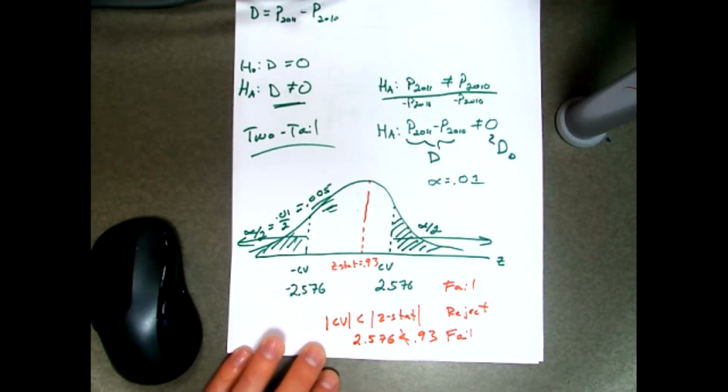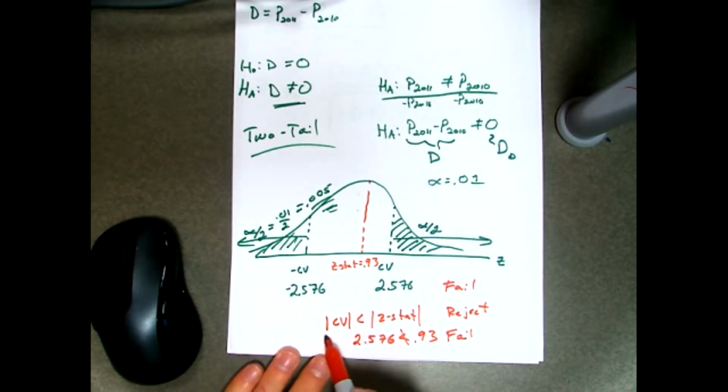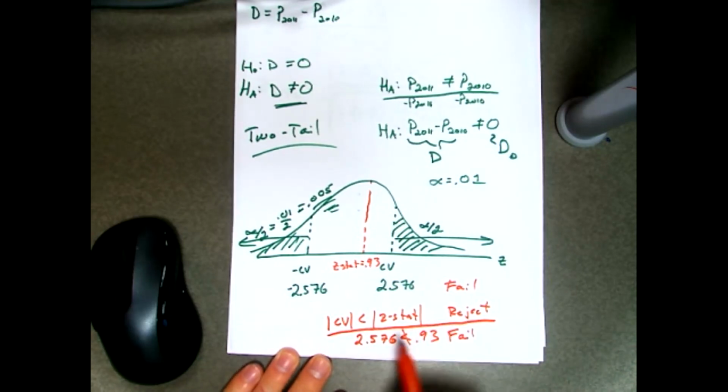So just like the visual told me, if I just wanted to use this formula without drawing the distribution out, I should be failing to reject. So here was my rejection decision, but that didn't hold, so I failed to reject. Any questions over anything there before we keep moving?